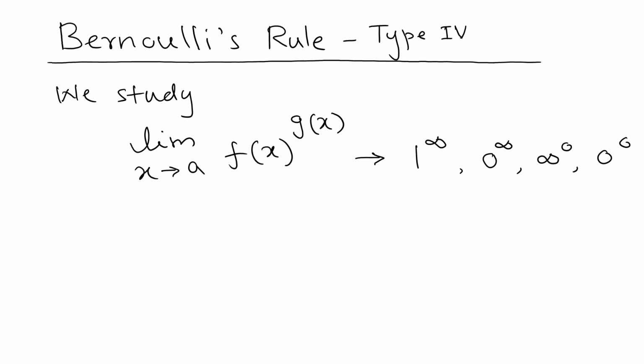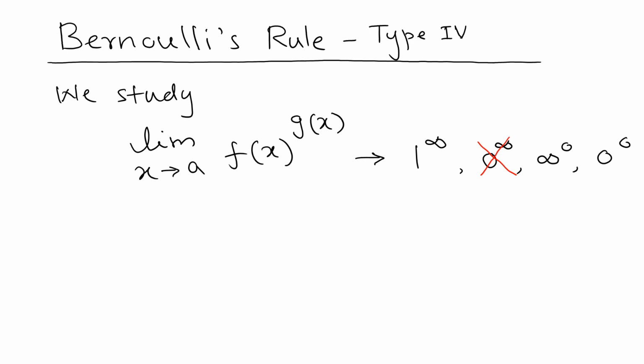You can get 1 to infinity, 0 to infinity, infinity to 0, and 0 to 0. But out of those, 0 to infinity is clear, because when you have a small number and raise it to a larger power, it automatically goes to 0. So that's 0.